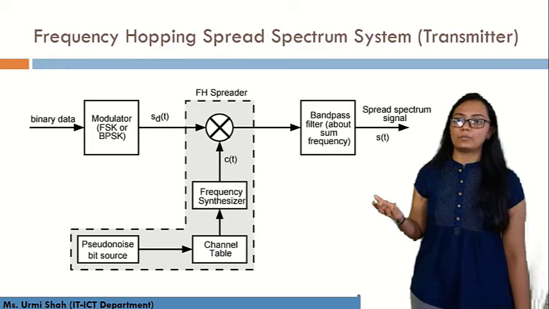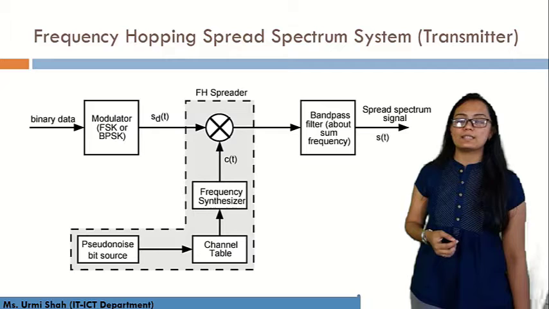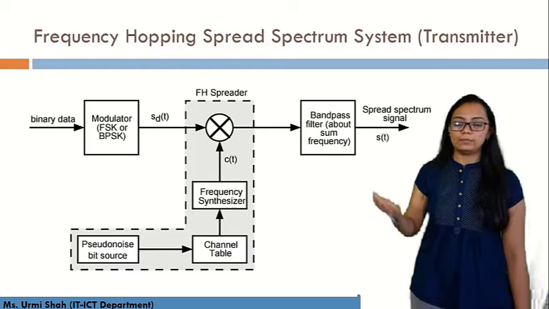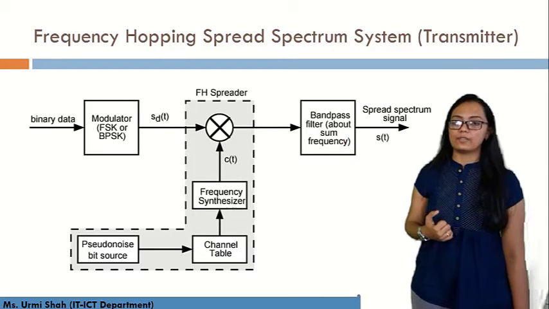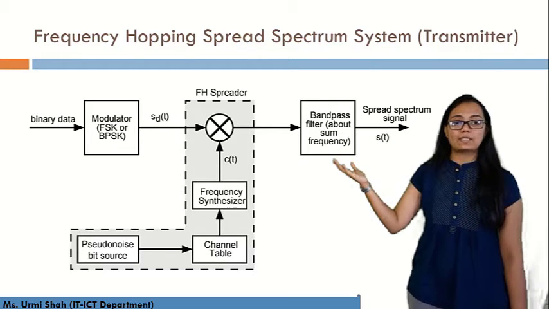The modulator performs frequency shift keying or binary phase shift keying modulation on the data coming as input in binary form. Further, the data is processed in digital sequence form to the FH spreader.